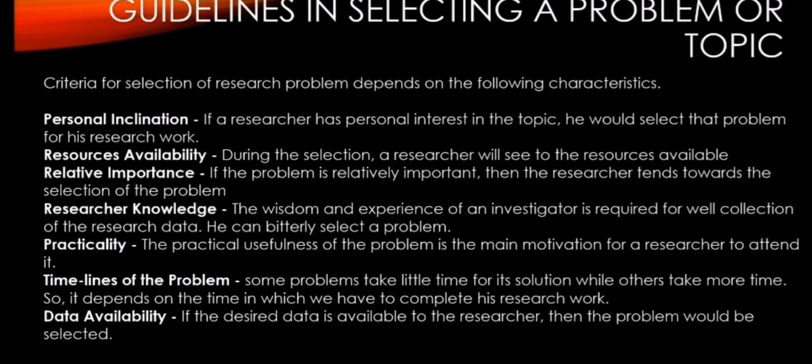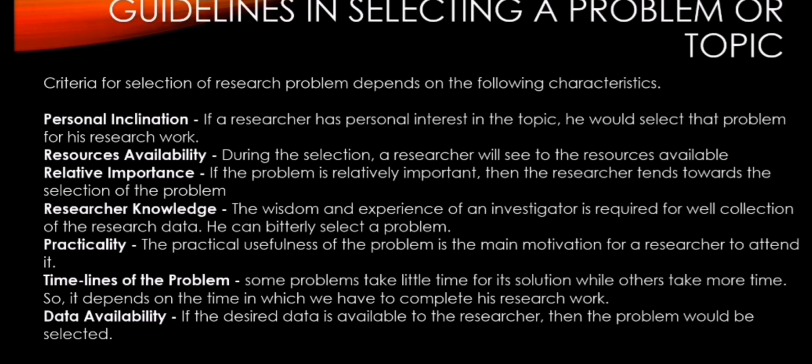Secondly, resource availability. During the selection, a researcher will see to the resources available. Third, we have relative importance. If the problem is relatively important, then the researcher tends towards the selection of the problem.